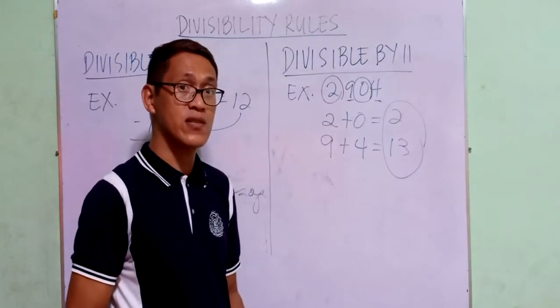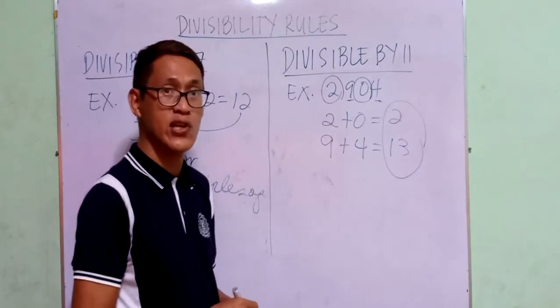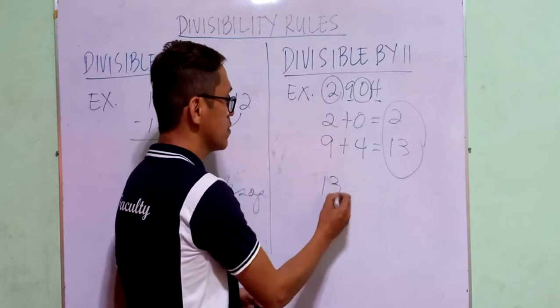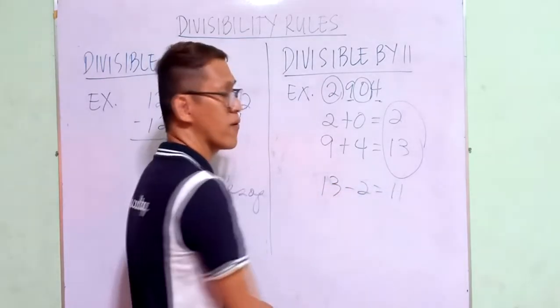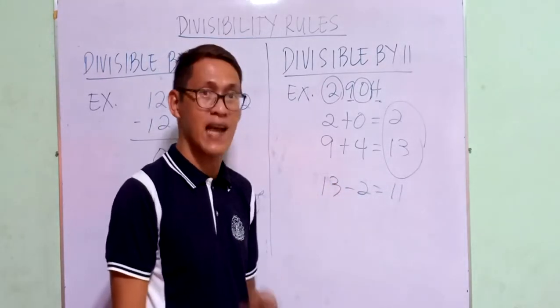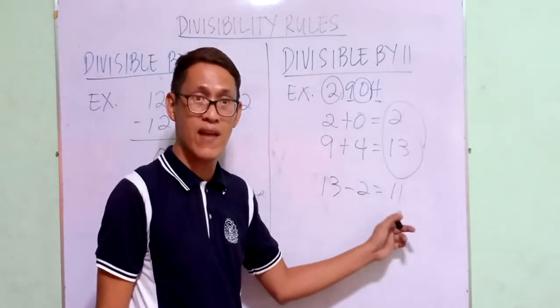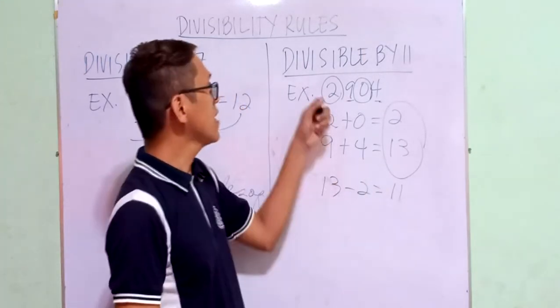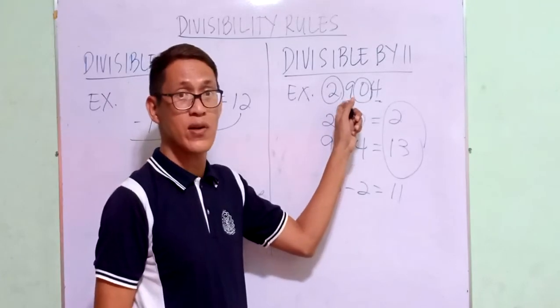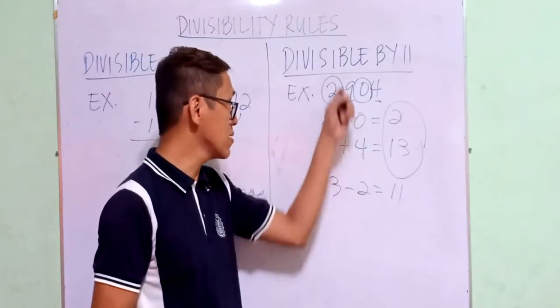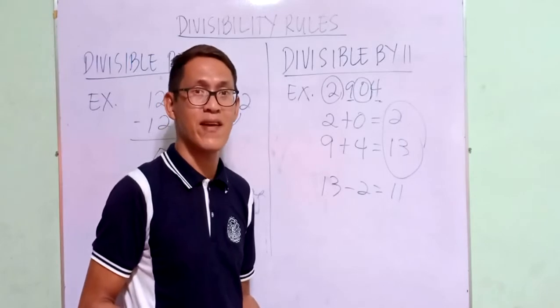To get the difference, you need to subtract. So, let's subtract 13 minus 2. The difference is 11. Again, if the answer here is 0 or multiples of 11, then we can say that number is divisible by 11.